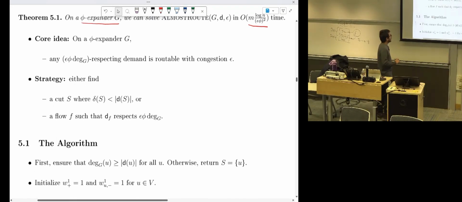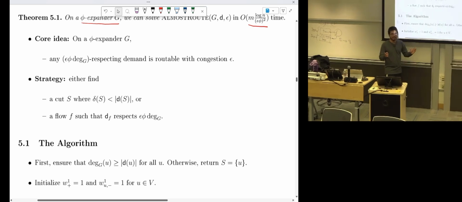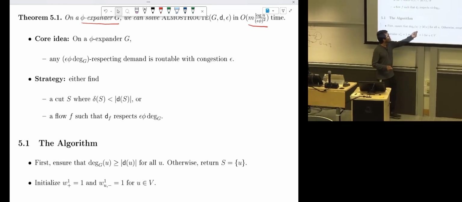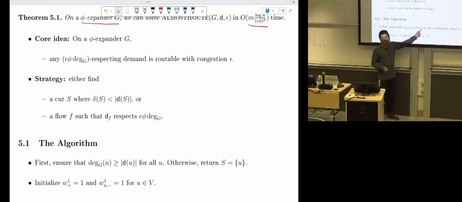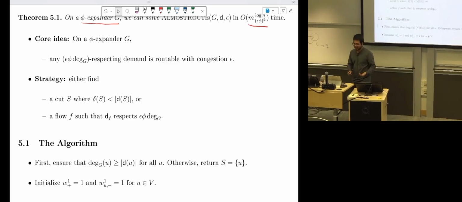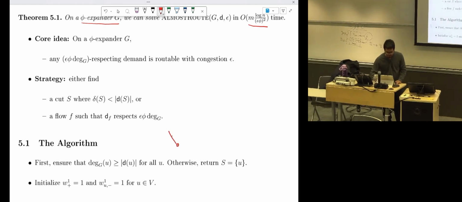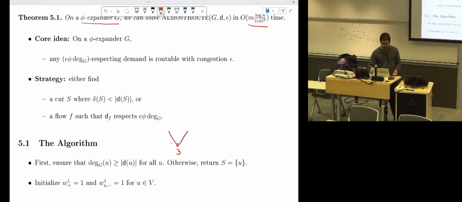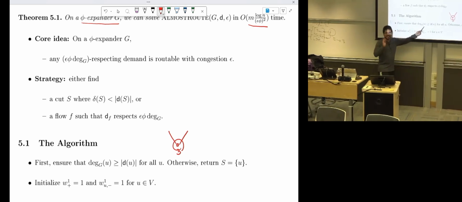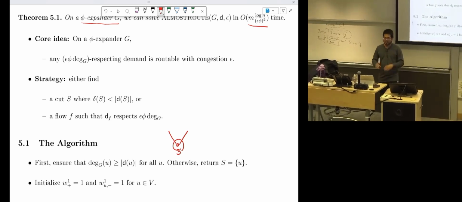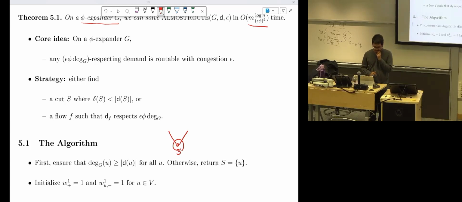First of all, the first step is just a trivial step. I first check that the demand on every node doesn't exceed the degree. Because if the degree is 2 but the demand is 3, then there's no way to route feasibly. You can just return this as your violating cut. So just ensure this first, just a trivial step. And then initialize the weights.